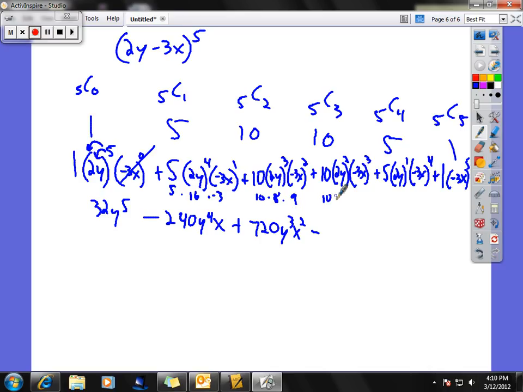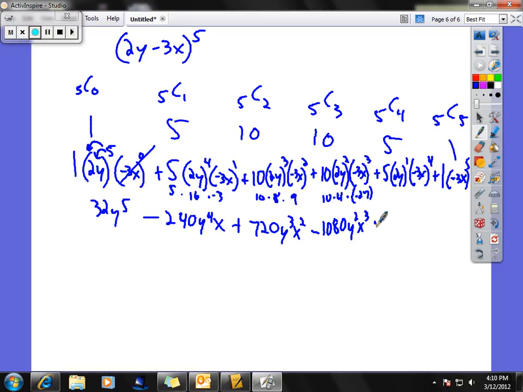I've got 2 squared, which is 4. And I've got negative 3 cubed, which is negative 27. So that comes out to 1080. That's negative, so it's minus 1080, and that is going to be y squared x cubed.